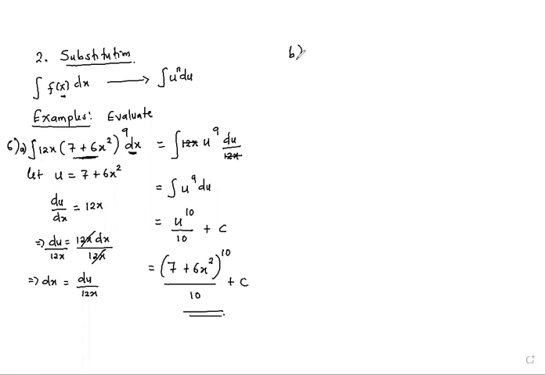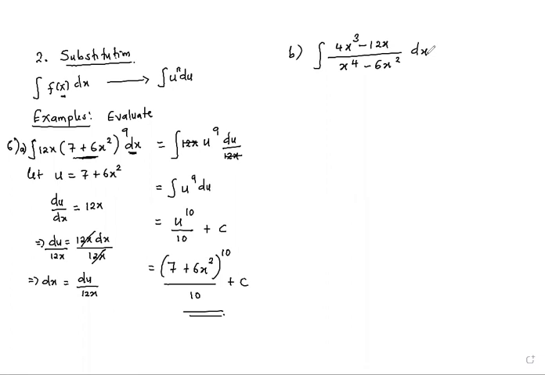B is the integral of (4x power 3 minus 12x) divided by (x power 4 minus 6x squared) dx, like that. So if that is the situation, then again we check the denominator and the numerator, which one has a higher power.